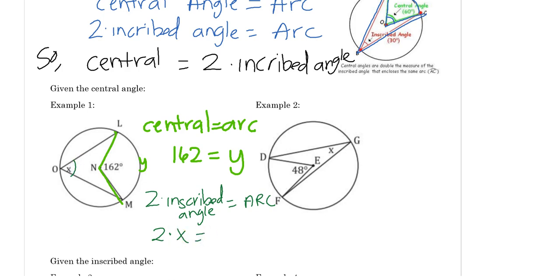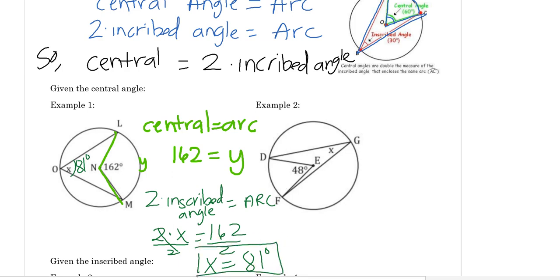Our arc we just said is equal to 162. I want to solve for X here, so I'm going to divide by 2 on both sides. And I'm left with X equaling 81. So this right here is 81 degrees. Okay? These are my 2 answers. We worked with a central angle, and we found our arc to give us our inscribed angle.